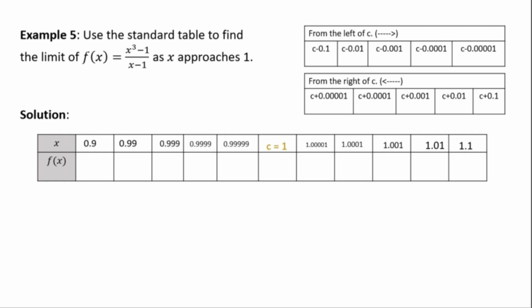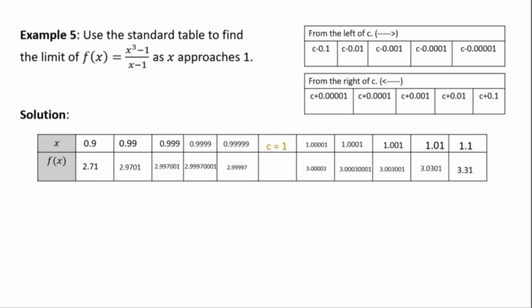Solving for f of x, given this set of values assigned, we get, thanks to the calculator, computation becomes as simple as this. So, nice. We have a very revealing pattern.